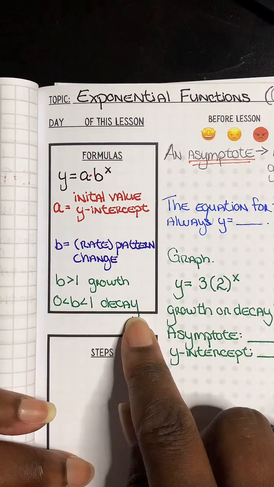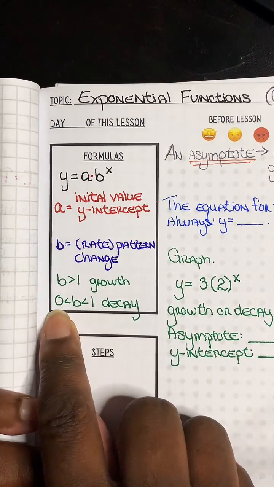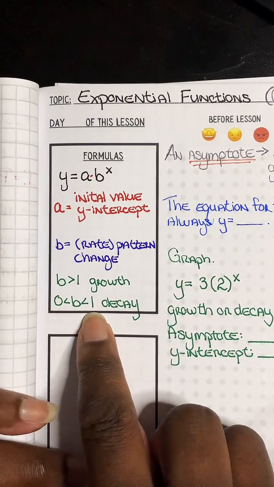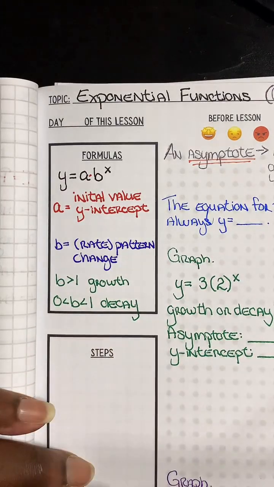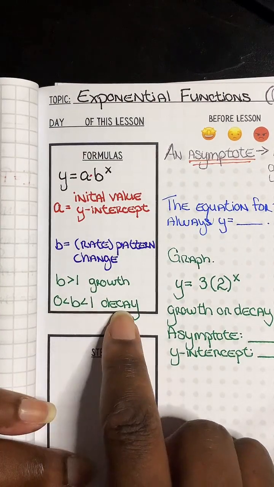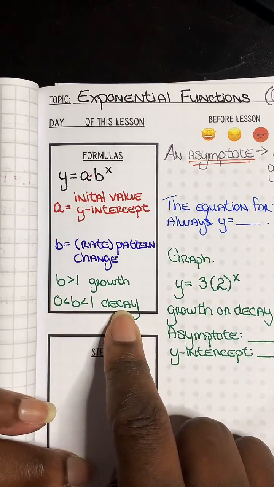Now, exponential decay is when your b is between 0 and 1, so it's not equal to 0, and it's not equal to 1. So we're looking at your 2/3, your 1/4, your 1/10, your 2/7, okay? Anything between 0 and 1 is going to be considered a decay, all right?